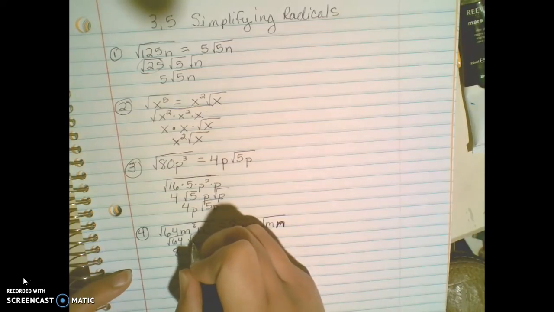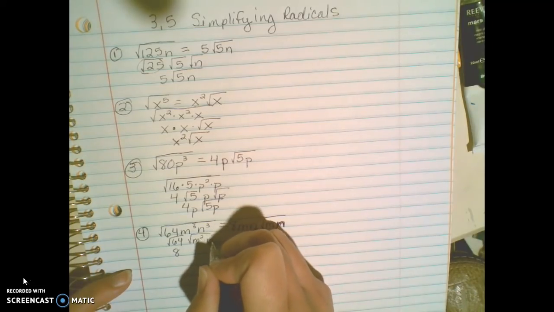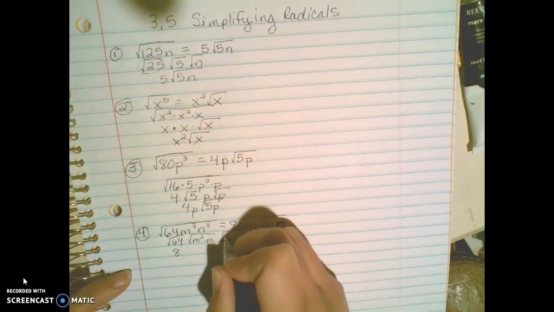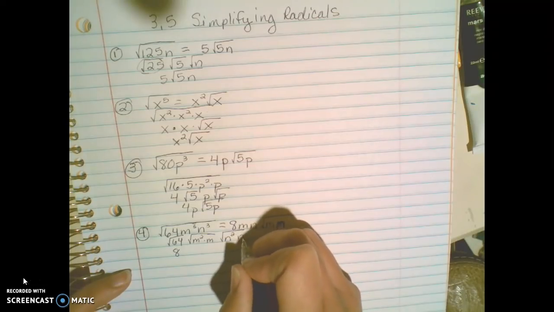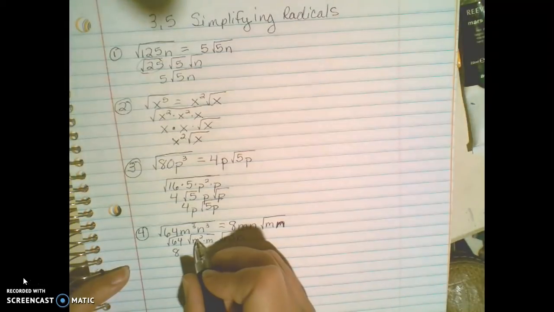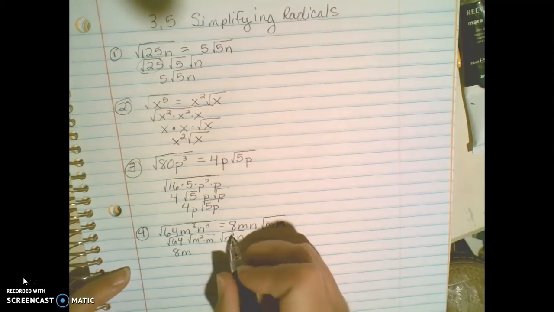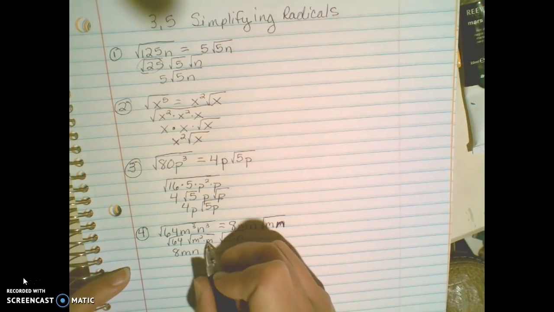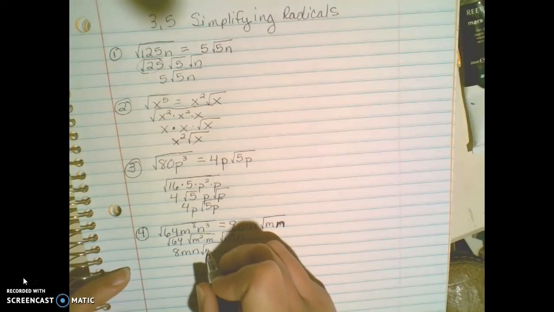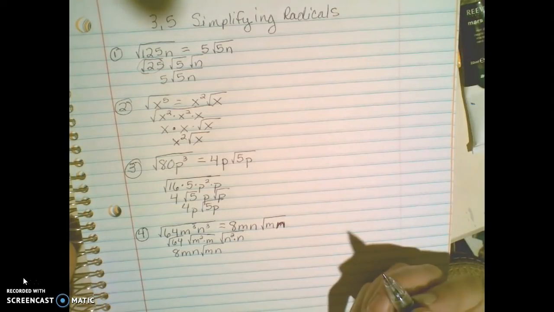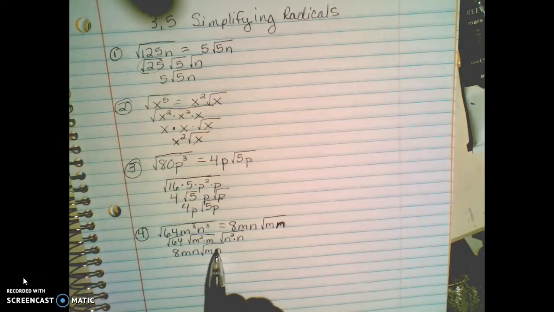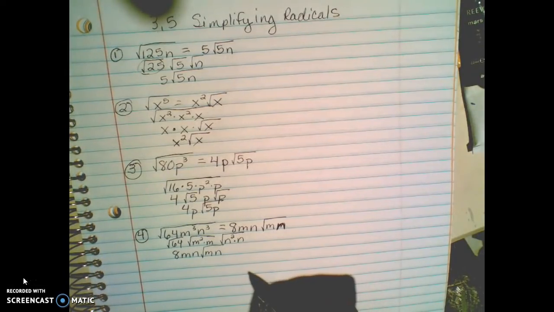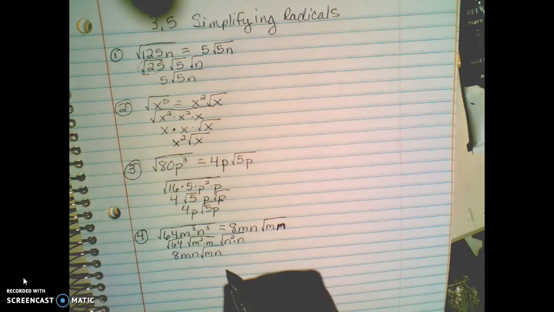And then with our m's, we're going to separate them into m squared and m. And then our n, I'm going to separate that into n squared times n. I'll take out the m squared, and that's m. I'll take out the n squared, and that's n. And then the m and the n that are not squared have to remain in the square root because they don't have anything else that can help them get out of there that makes them a perfect square.